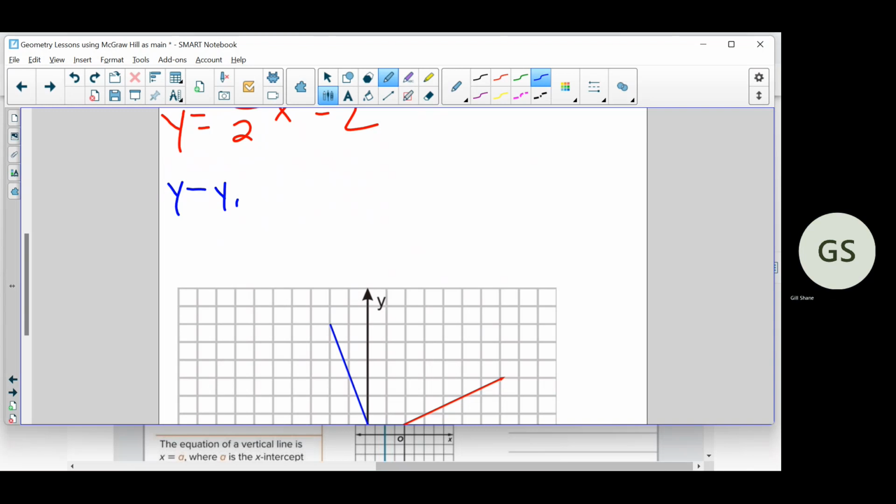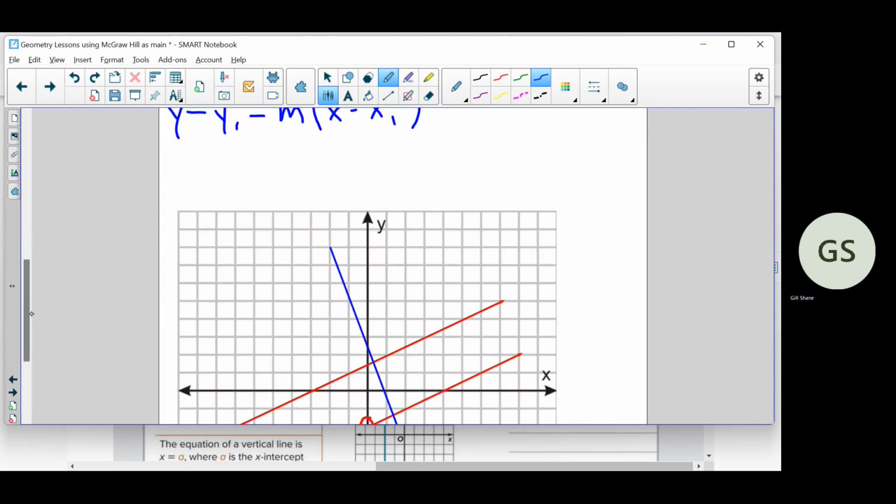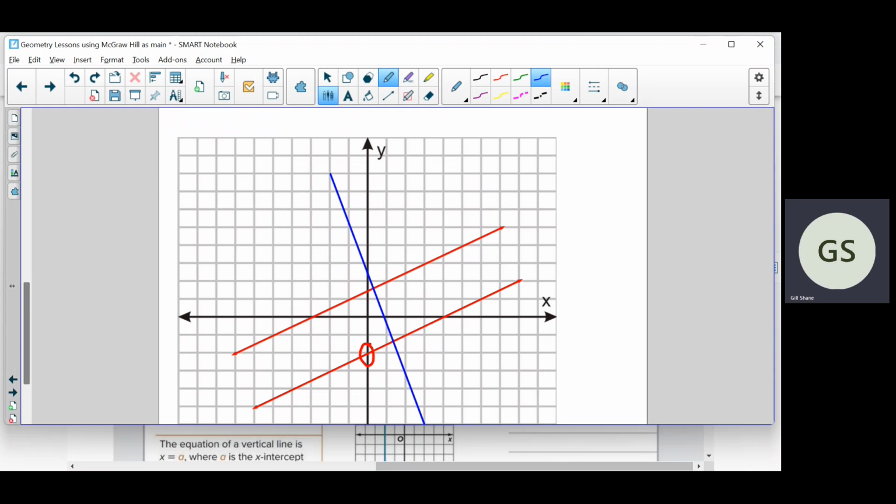And then we would say equals, then the slope goes here, and then x subtract the x value from a point off of the line. So I can pick any point I want. So I'm going to pick this point right here.